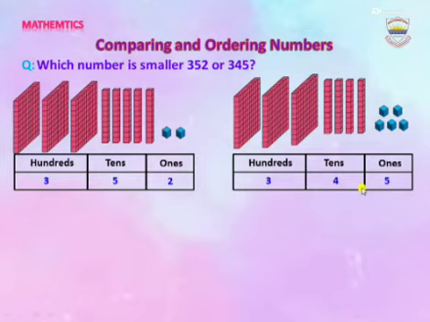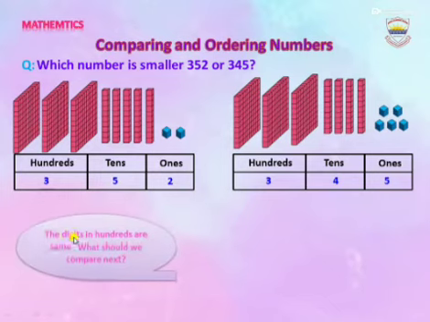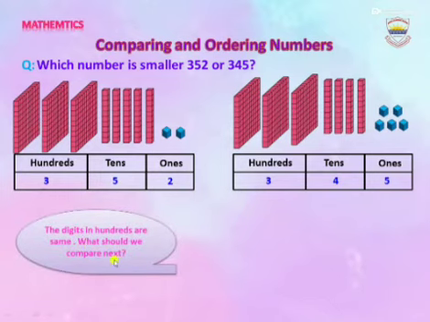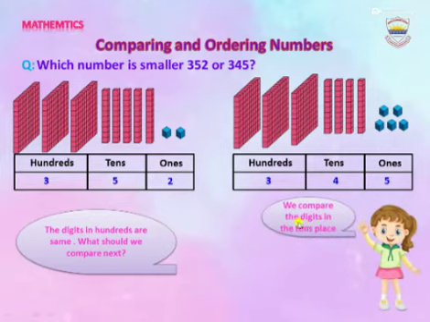Now we compare the both number 352 and 345. The digit in 100 place is 3 in both numbers. Look at here. 3 is in 100 place. The digit in hundreds are same. What should we compare next? Yes, we compare the digits in the tens place. In tens, we have 4 and 5 tens.